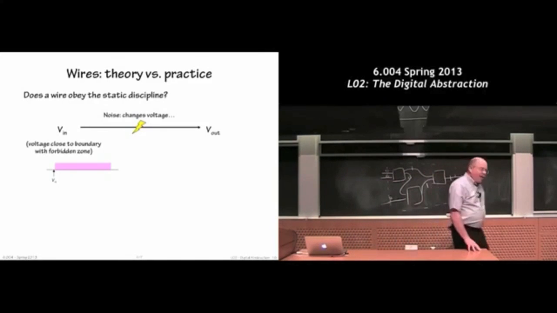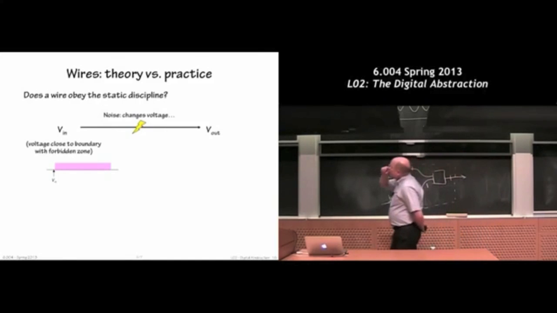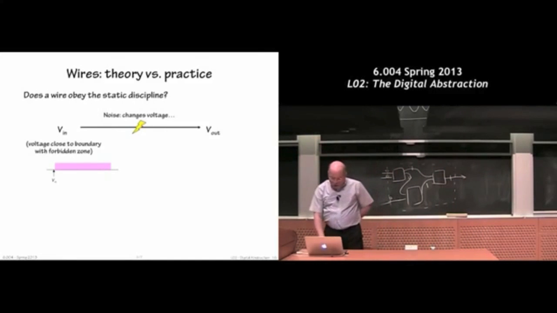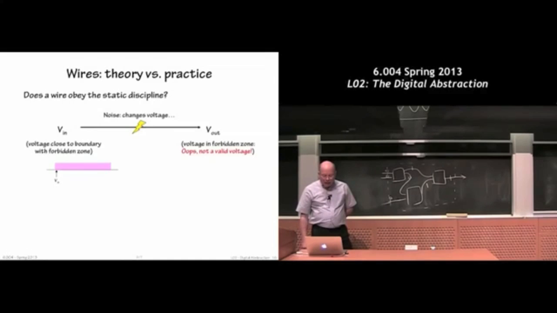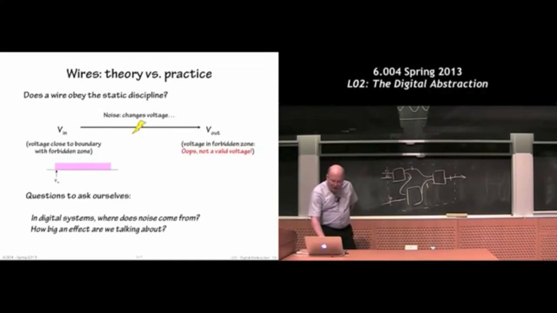Okay. So suppose I have a legal voltage here, and I'm about ready to transmit it down. So this is a voltage axis here, not a wire. And the input voltage is just below this magic VL threshold. Then I get to the far end and noise happens, and you see this little guy here?